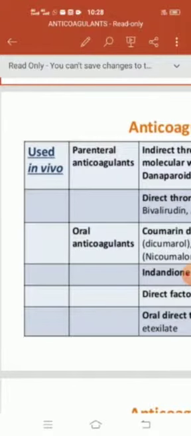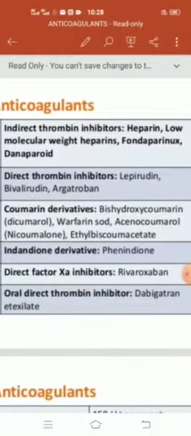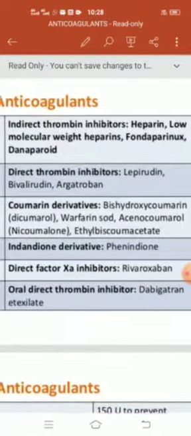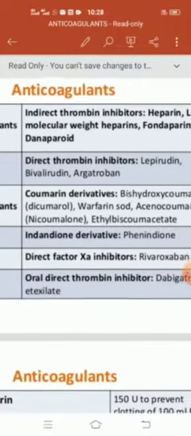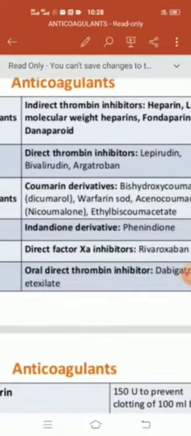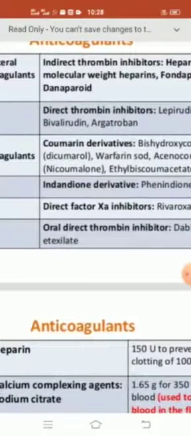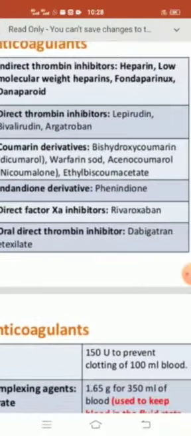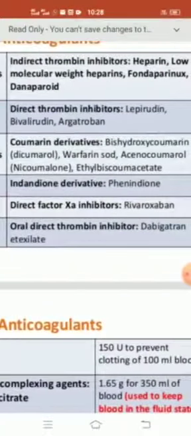The oral anticoagulants are mainly the coumarin derivatives, that is bishydroxycoumarin, dicumarol, warfarin sodium, acenocoumarol and ethyl biscoumacetate. Then the indanedione derivatives are phenindione, then direct factor Xa inhibitors, rivaroxaban, and the oral direct thrombin inhibitor is dabigatran.